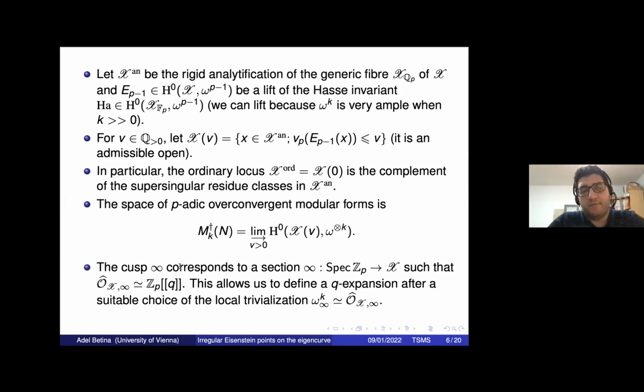So if you take the cusp infinity, for example, it corresponds to a section like this, and you take the completion along infinity. You get that the formal scheme will be just Z_p double bracket q. And this will allow you to define a q-expansion, but you need to take a suitable trivialization, because you have a line bundle, then you restrict it to this formal scheme, and you necessarily get a projective module over a local ring, which is necessarily free.